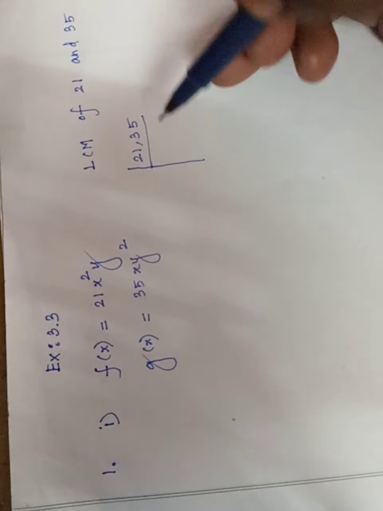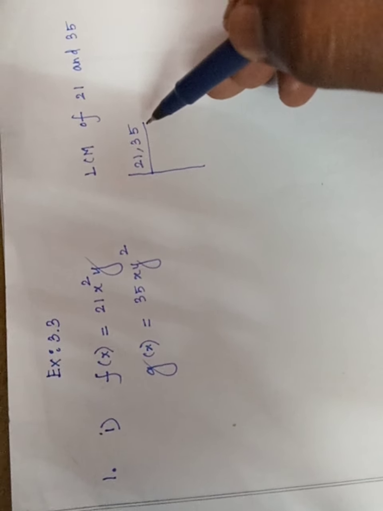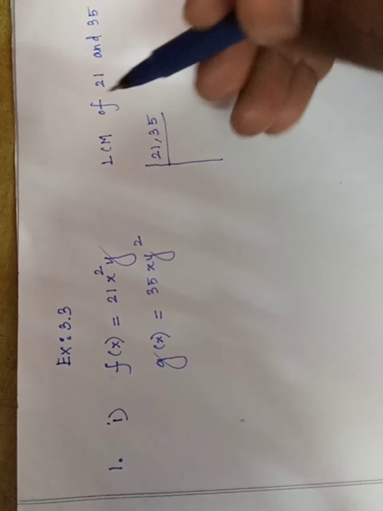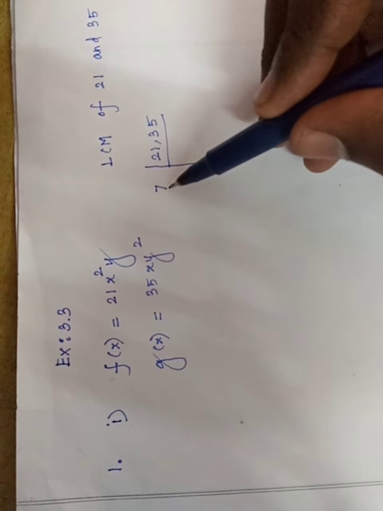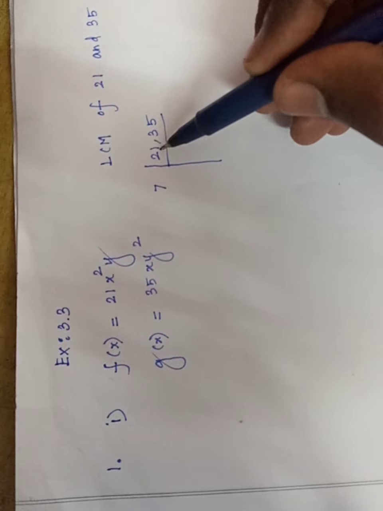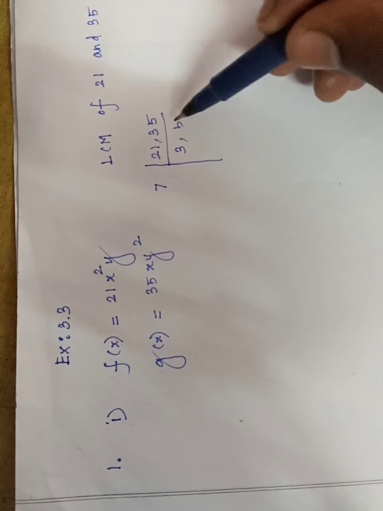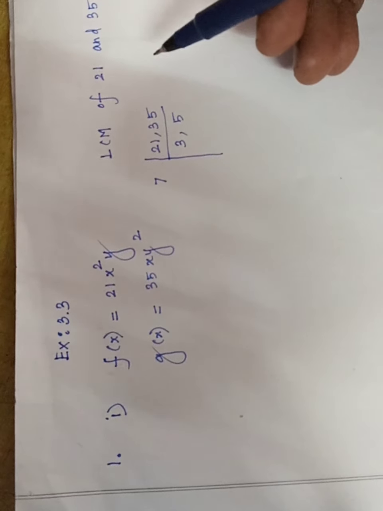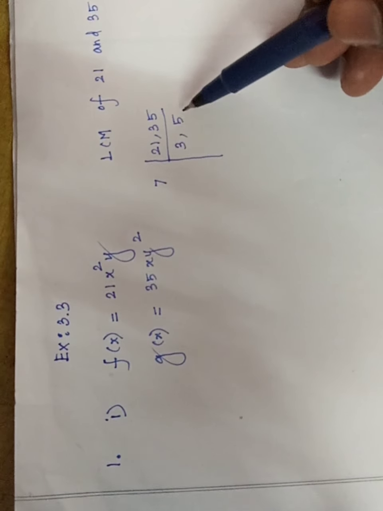21 and 35. Which number can divide the two numbers 21 and 35? You are going to find. It is very easy, 7th table. The number 7 can divide 21 and 35. So if you take 7 here, how many 7s are there in 21? 3. And in 35, there are 5 7s. So now the second step, 3 and 5 we have.